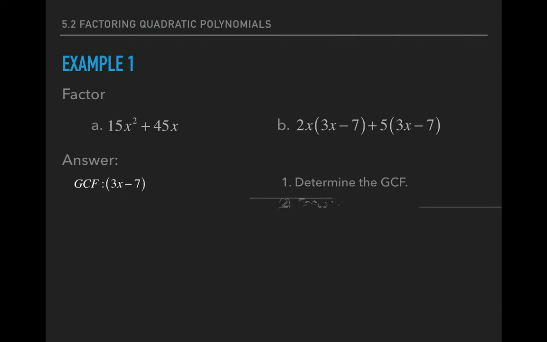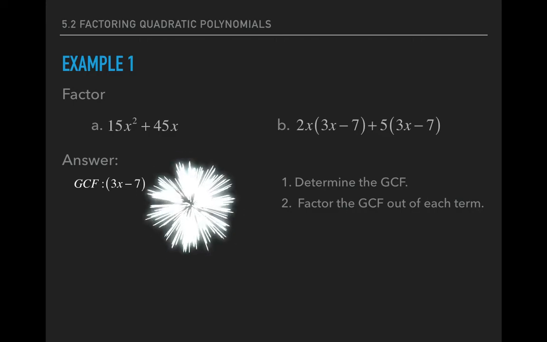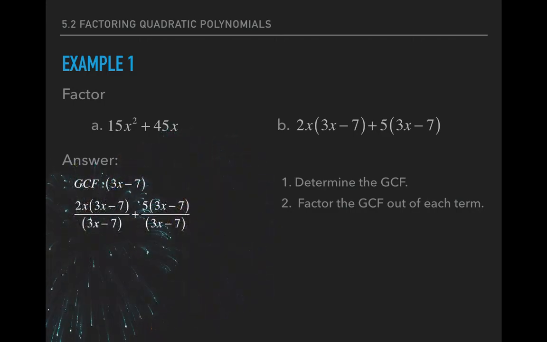And so if you were to divide that out, if you were to factor that out of each, it might look something like this. The common elements would cancel out, and you'd have a 2x and a 5, and that is what remains if you were to pull out the 3x minus 7. You would have only 2x plus 5 remaining, and so that is your second factor.